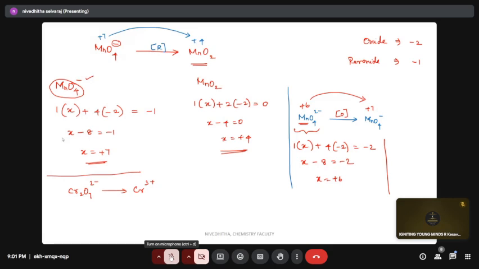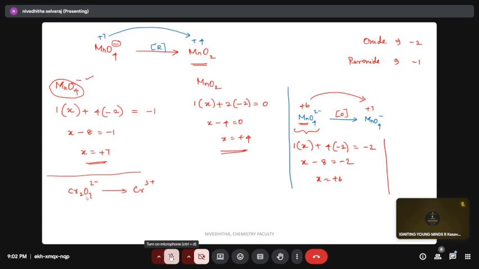It will not be minus. See, for which species do you have to find the oxidation state?